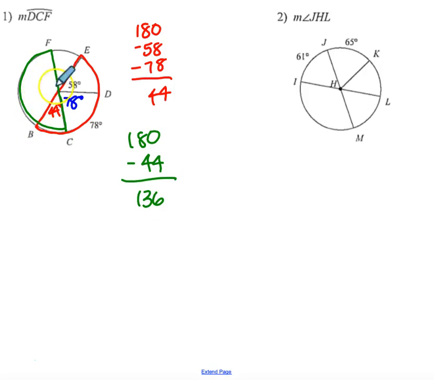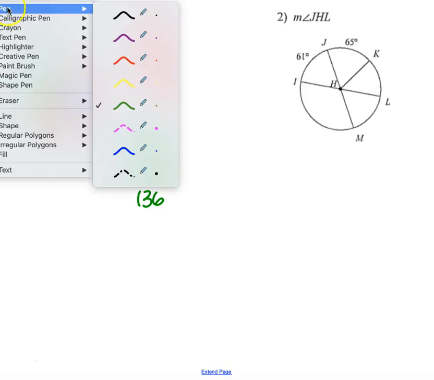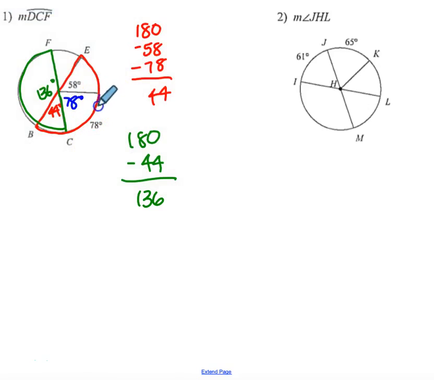So this angle here is going to be 136 degrees. Now I have almost everything I need to find the measure of arc DCF. The arc I'm trying to find starts at D, goes in the direction of C, and ends up here at F. It's going to be a major arc, DCF.